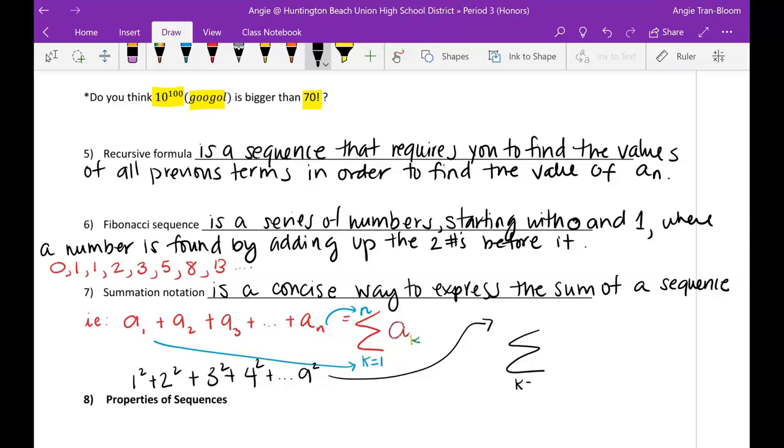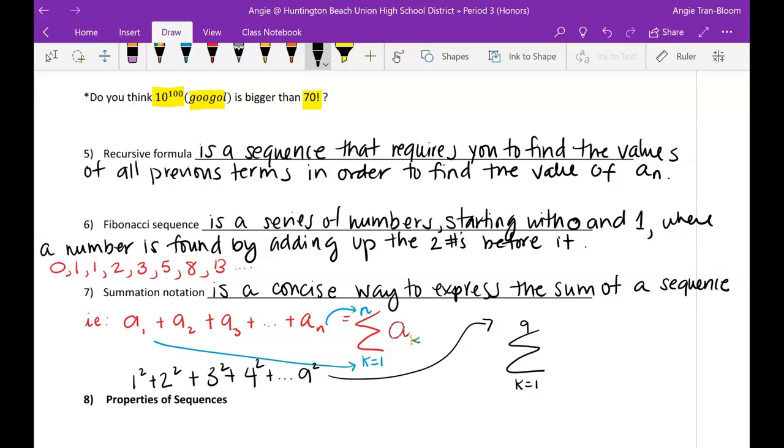I will start with k equals 1. K doesn't always have to be 1. K can be 0, or it can start at a different number. Here, when k is 1, that's my beginning value. Now, where do we end? We end at 9. We don't have n on the top because now we know where we end. The last number is 9.